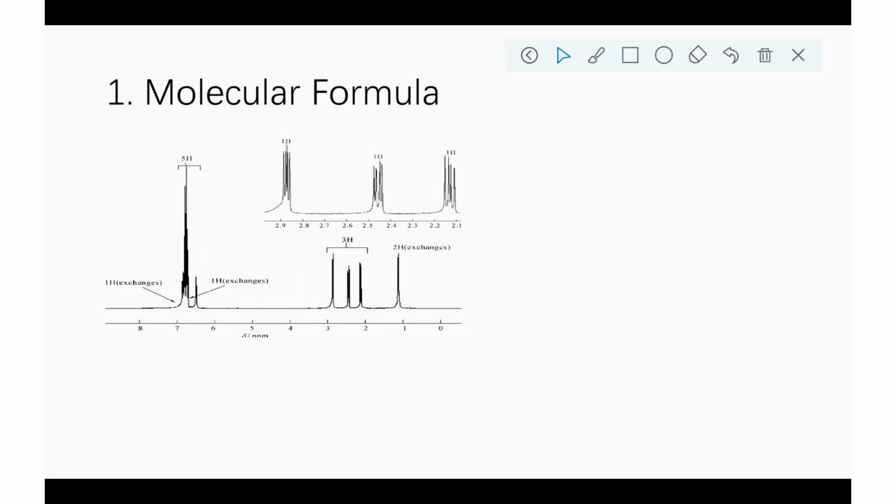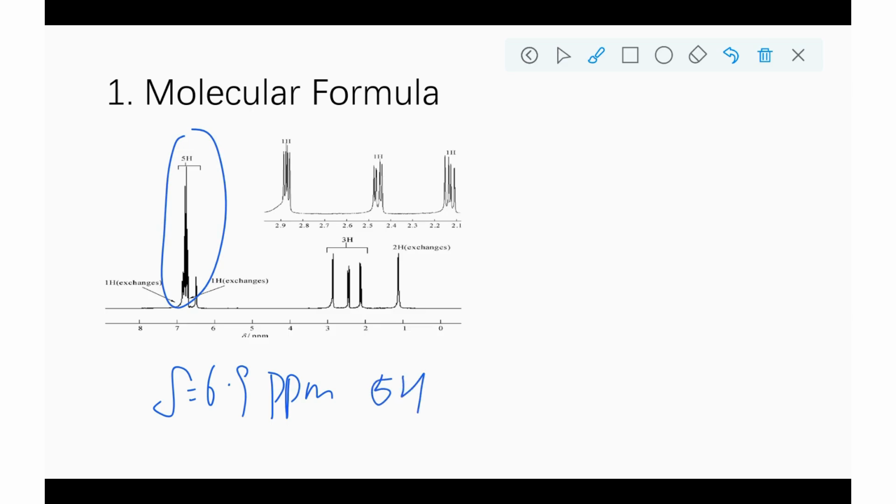From the HNMR spectroscopy at about 6.9 ppm, there's 5 hydrogen, which tells us we have a monosubstituted aromatic ring, C6H5.